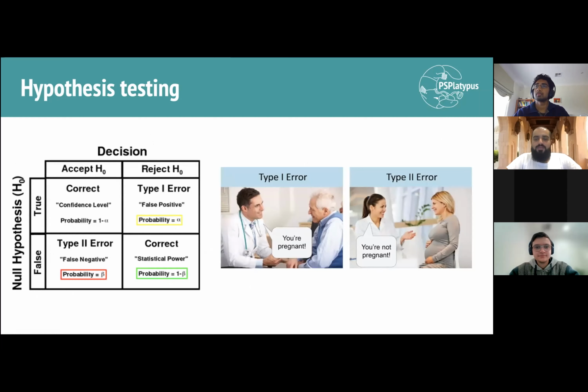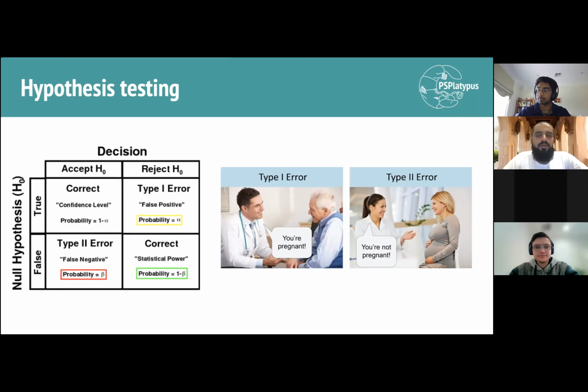For example, as we can see in this picture, the doctor is telling the male patient that he is pregnant, while the null hypothesis is not being pregnant. So we reject the null hypothesis, while it's true that this male patient isn't pregnant.